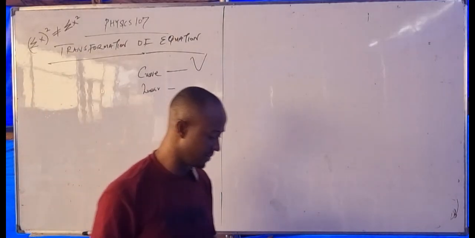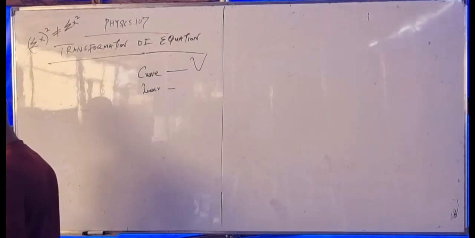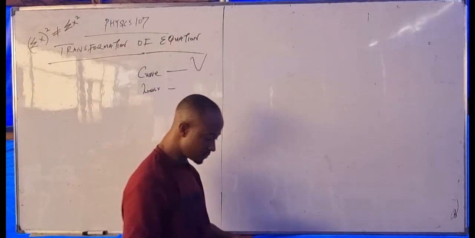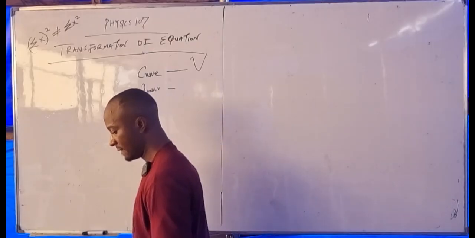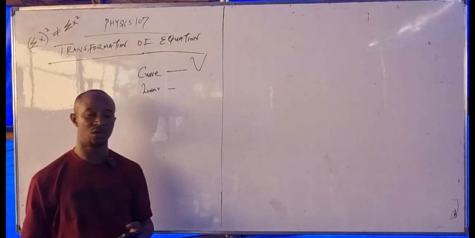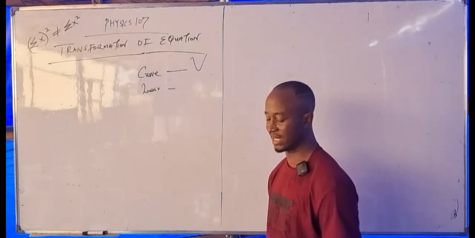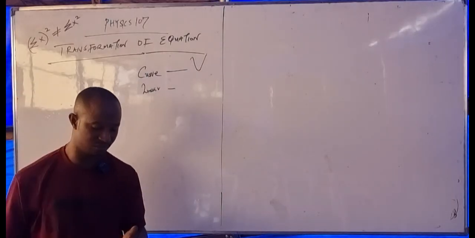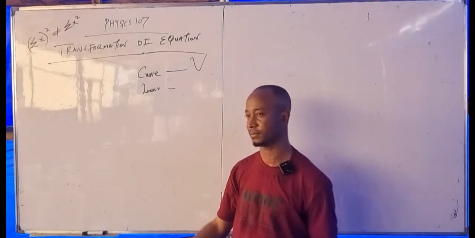Graph transformation simply means rewriting an equation or modifying the variables, so that when plotted, the graph becomes a straight line.